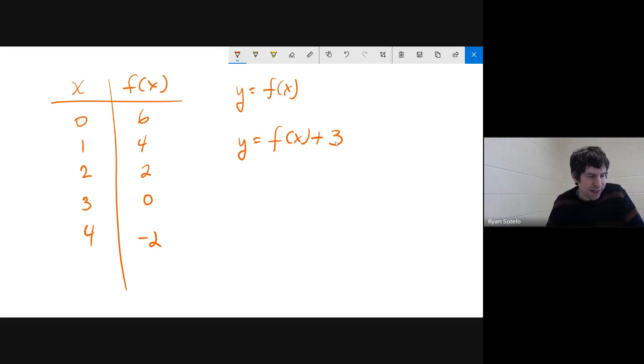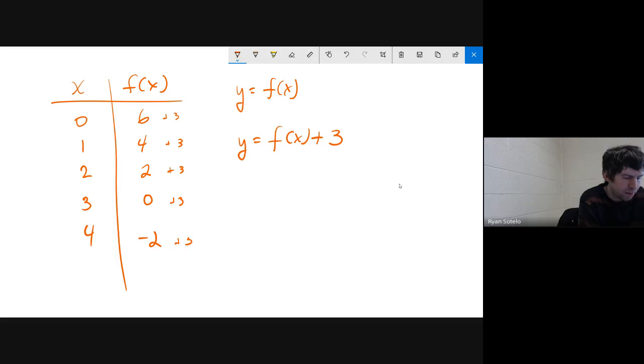It's just off to the side here. Well, that means all of the y coordinates will get a plus 3. So that'll become a 9, a 7, a 5, a 3, and a 1. You just shifted the y units. Does that make sense?